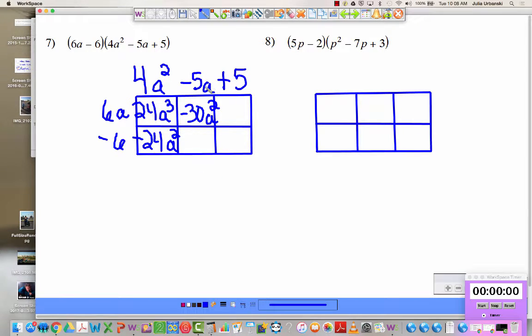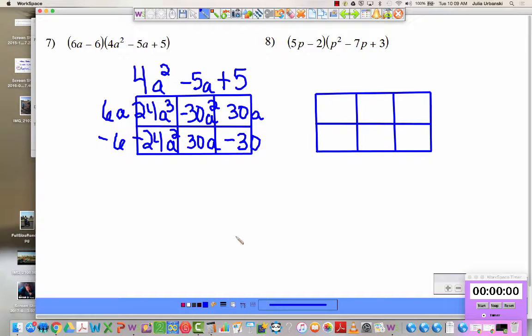And then when we have negative 5a times negative 6, negative 5 times negative 6 this time makes positive 30. And what's going to happen to our a's? A to the first, and there's no a here to add in with it. This one, positive 6a times positive 5 would be positive 30a. And then negative 6 times positive 5 would be negative 30.